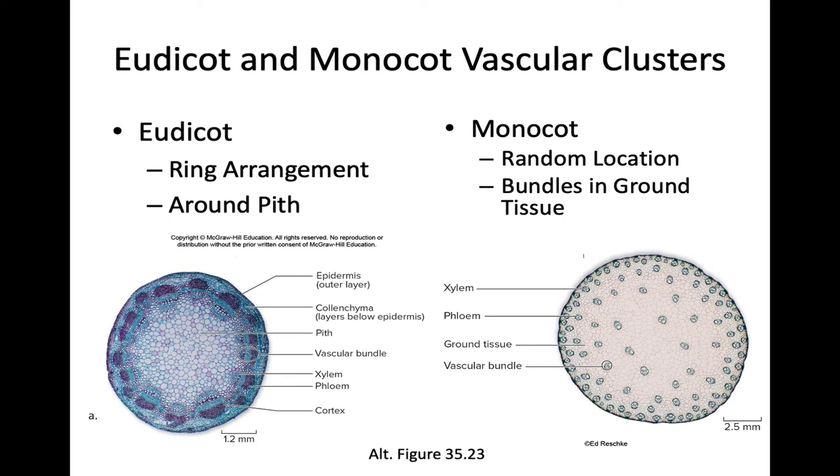Monocots will contain vascular bundles, but they're randomly placed within the ground tissue of the plant. There's no regular pattern, which means the secondary growth of the stems is not able to occur regularly, which limits the ability to grow thick stems. Grasses are typically monocots.